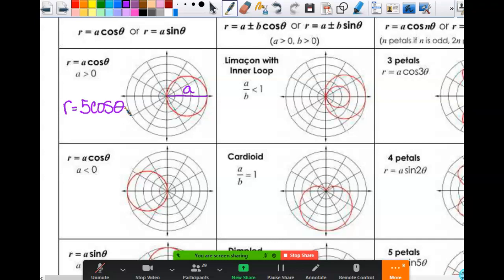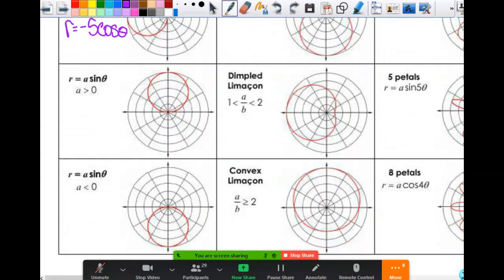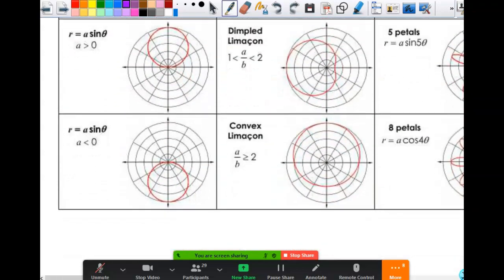Okay, so then this one, it's on the x-axis, but it's on the negative x-axis. That's what makes it negative. So this is still a. This would be r equals negative 5 cosine theta. Then we have r equals a sine theta.